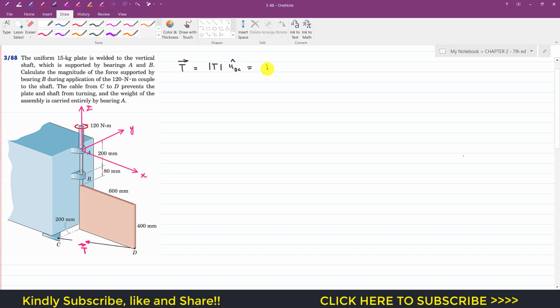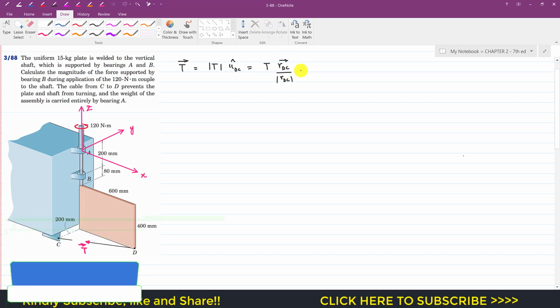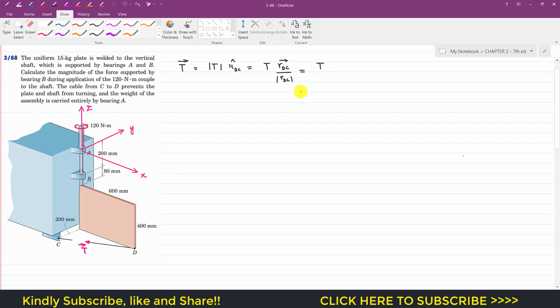Now we can write that this is T magnitude, and the unit vector from D to C is the position vector from D to C divided by the magnitude of that position vector. So now we have to find the position vector from D to C. We can find it by moving along x, y, and z from D to reach point C. From D we need to travel in the negative x direction, 600 mm. 600 mm divided by 1000 gives 0.6 meters.